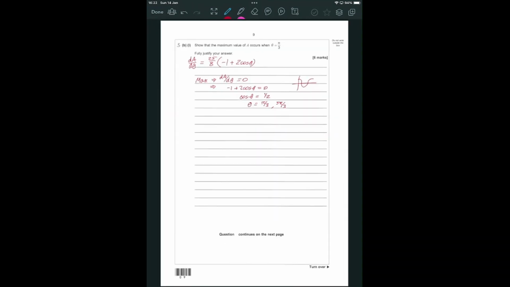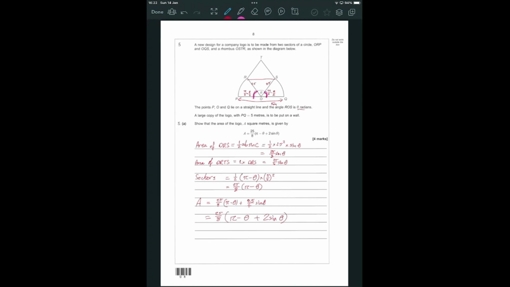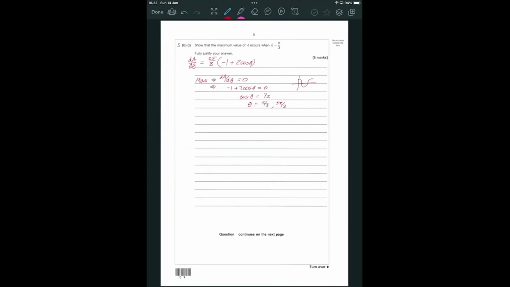Thinking about the context of the question, were we told theta was acute? Not explicitly, but 5 pi by 3, well, that's not even obtuse, that's reflex, so that's way too big. So that's out of a reasonable range. So we have our pi by 3.